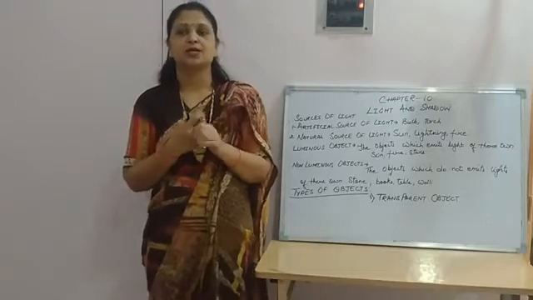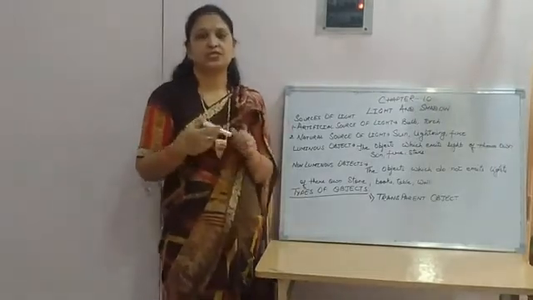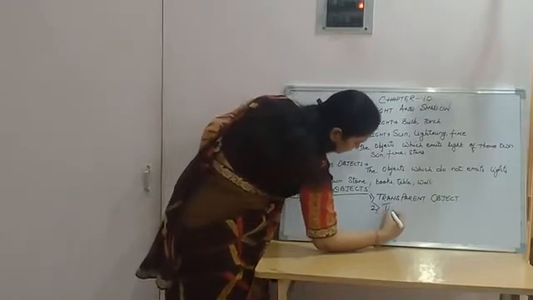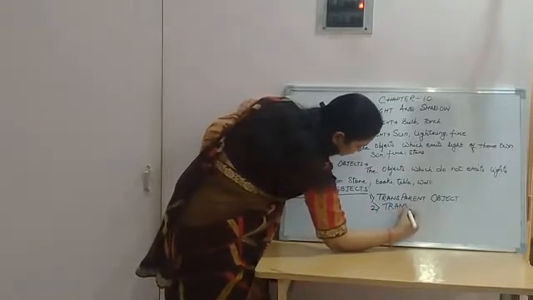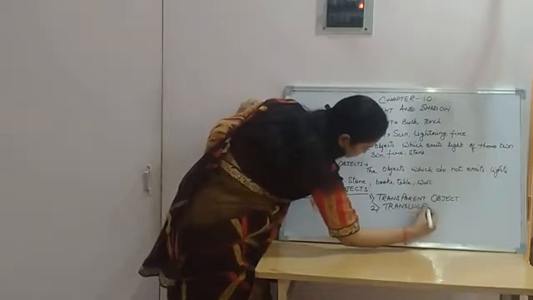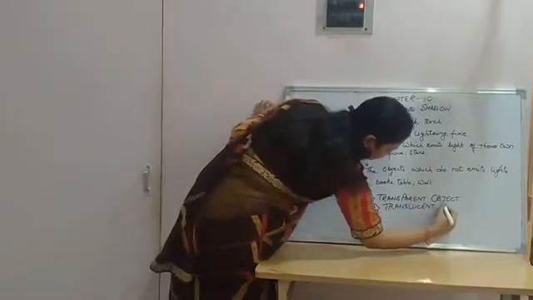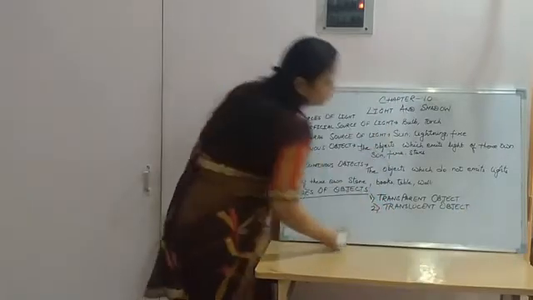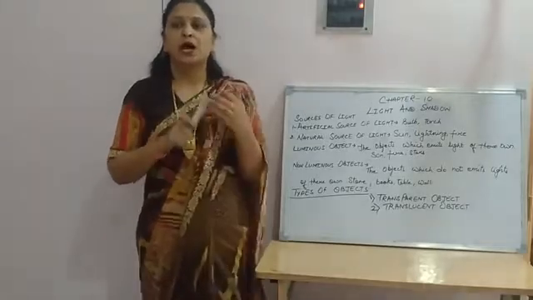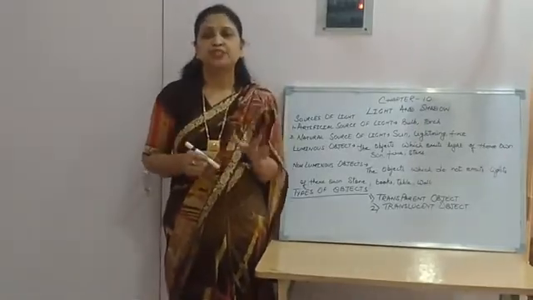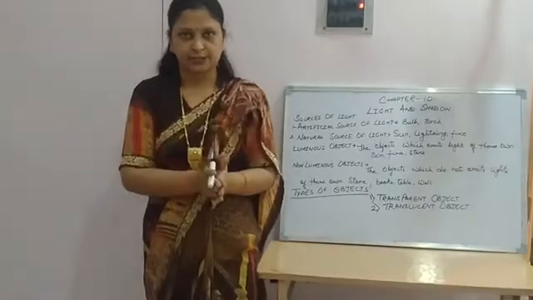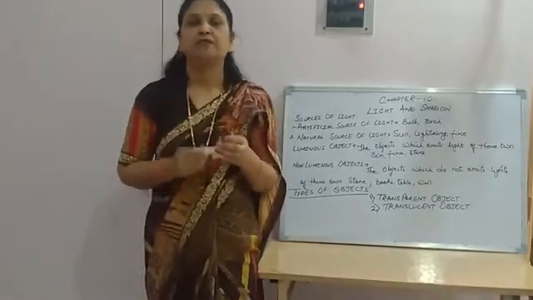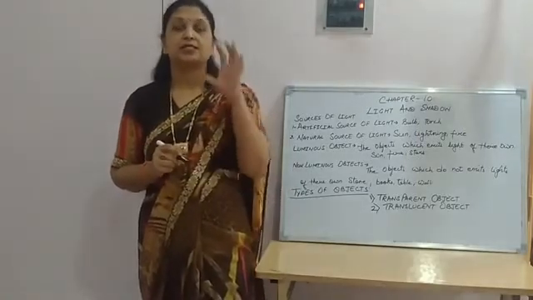Now the second one is translucent object. Translucent objects are the objects that partially allow light to pass through them, like honey, vegetable oil, scale.